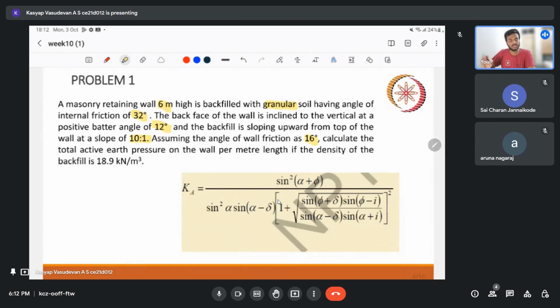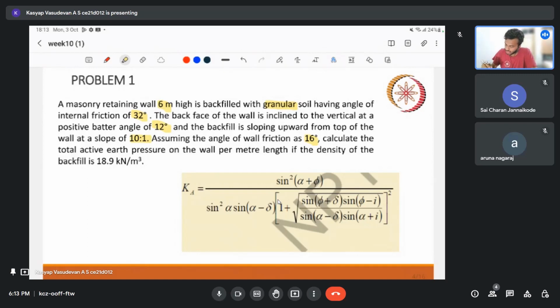It is nothing but the interfacial friction between the wall and the soil. Whichever two materials we have, there will be an interfacial friction, and it will be less than phi generally. For a wall, we generally take it as 2/3 or 3/4 of phi. In this case they have already given it, so we need not worry about what value to assume. So basically this angle is the angle of friction between the wall and the soil.